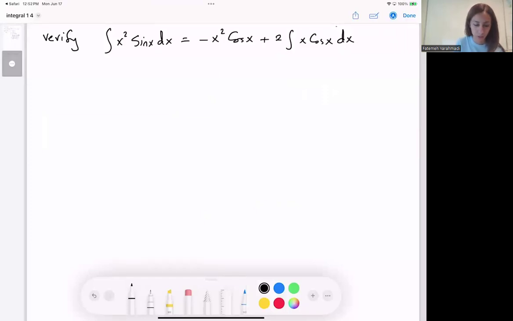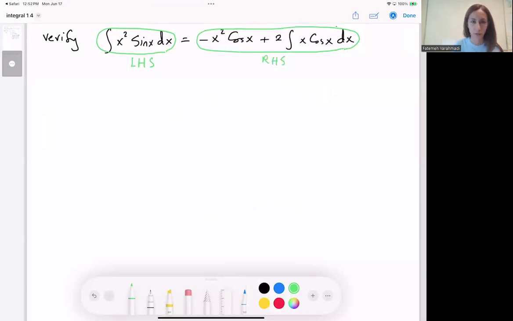So in this question, we want to verify that the integral of x squared sine x dx on the left-hand side is negative x squared cosine x plus 2 integral x cosine x dx. So again, you have an integral on the left-hand side, and on the right-hand side, you have a combination of an integral and a quantity. What are we going to do?